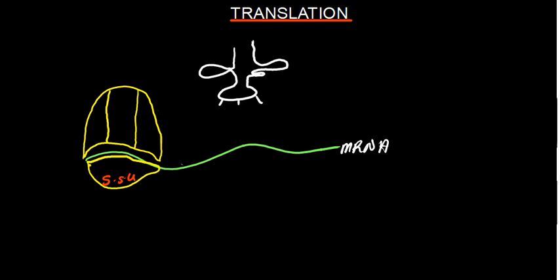A will form a complementary base with U, U with A, and G with C. These bases found on this tRNA are what we call the anticodon. That is the reason why this arm is termed the anticodon arm, because it carries anticodons. Whereas the bases read on the mRNA are called codons. So codons are found on the mRNA, whereas anticodons are only found on the tRNA.